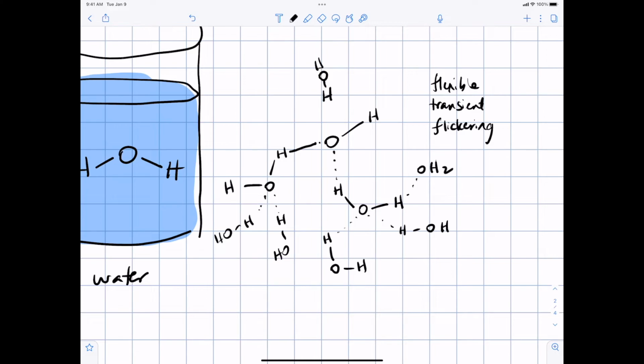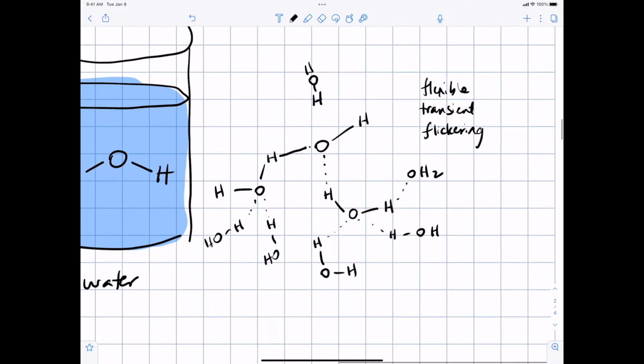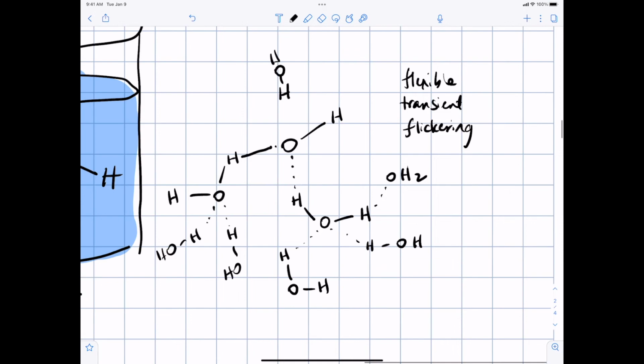You get the idea. It's hard for me to show this fluctuating back and forth, but basically the network of hydrogen bonding in pure bulk water is very flexible, and that is one of the reasons why water is a liquid at room temperature.